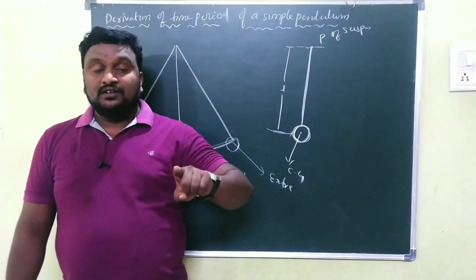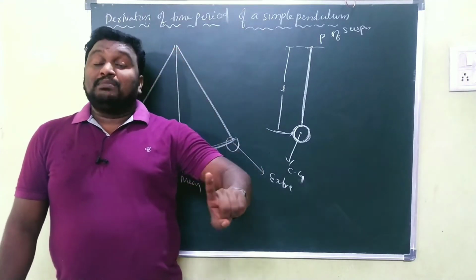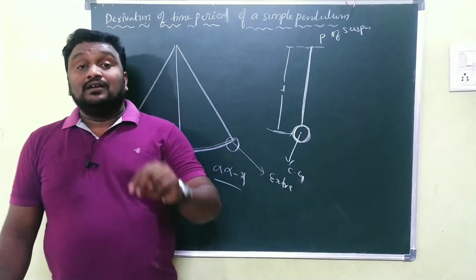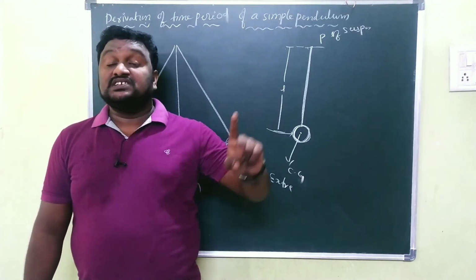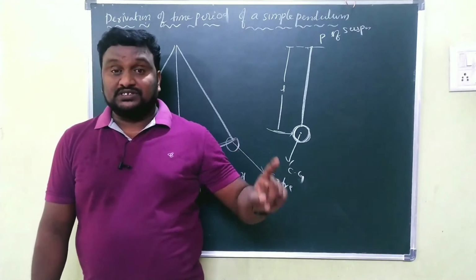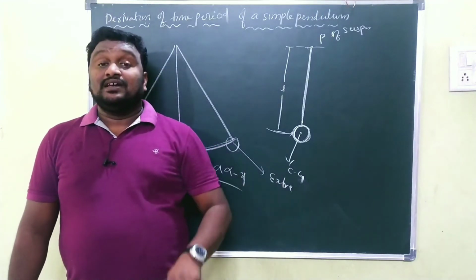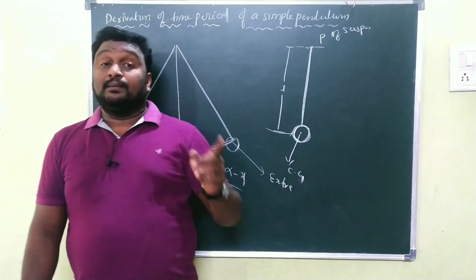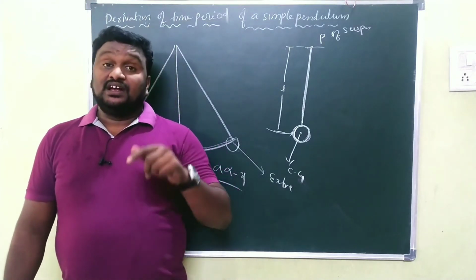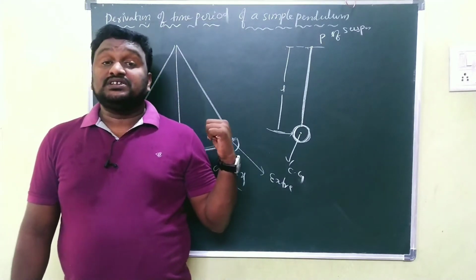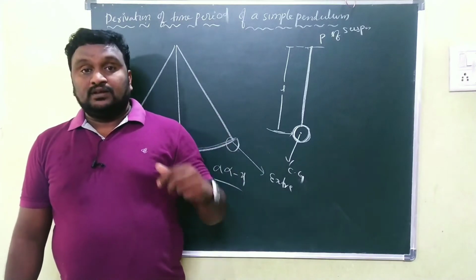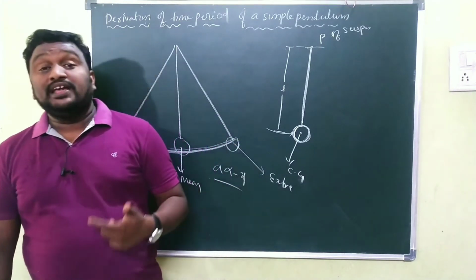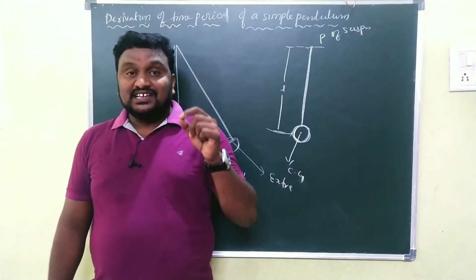First, a body must have to and fro motion. Second, every time during the oscillation it should cross the mean position. And third, children, acceleration is directly proportional to the displacement, both are in opposite directions, and the acceleration is towards the mean position. These three conditions must be satisfied by any body, then the body is said to be in SHM, simple harmonic motion.